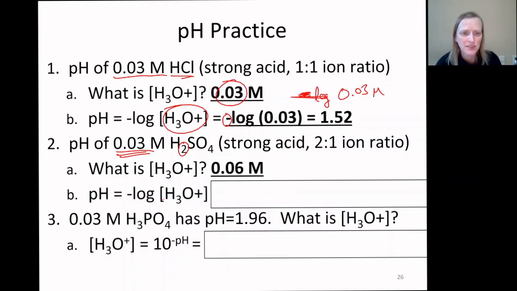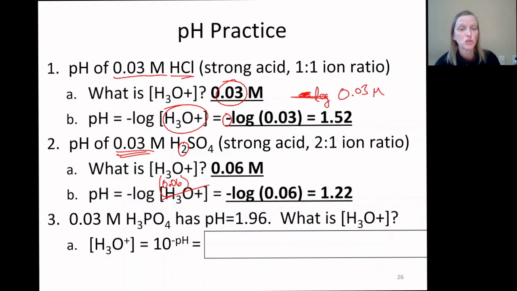And now if I take the negative log of 0.06, then I get as my answer 1.22. So you can see that even though hydrochloric acid and sulfuric acid both have the same concentrations, because there are more hydrogen ions in sulfuric acid, my pH is lower. My pH is lower because I have a higher hydrogen ion concentration.